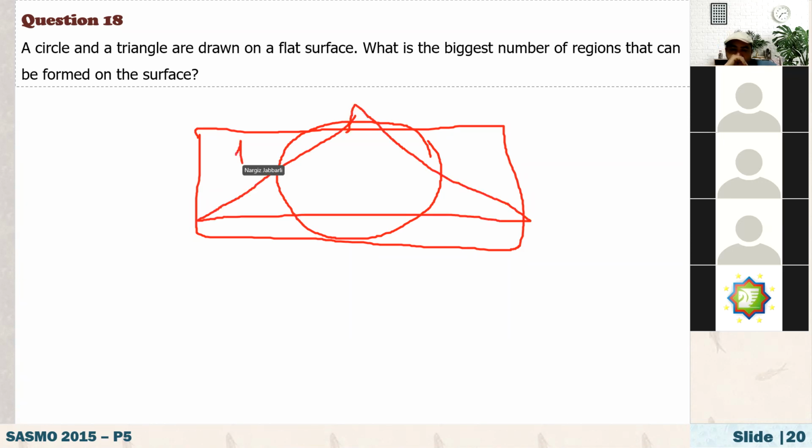And this is 1, 2, 1, 2, 3, 4, 5, 6, 7, 8, 9, 10, and 11.